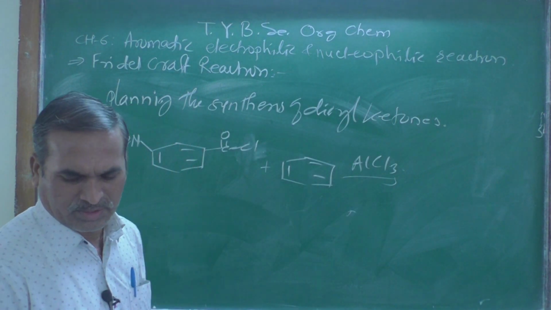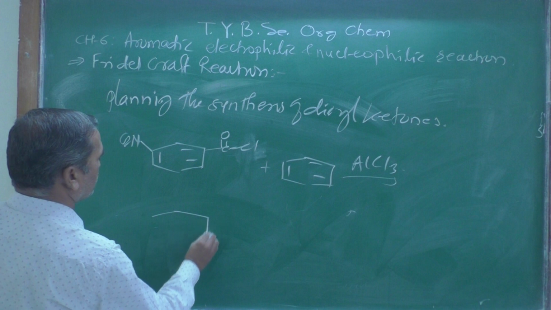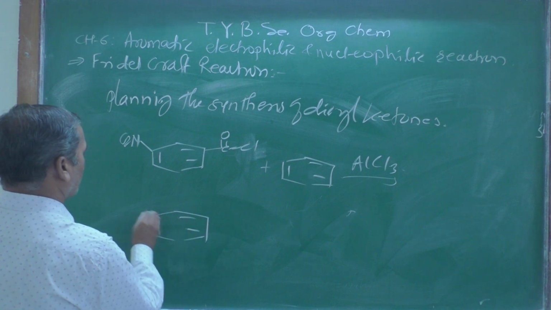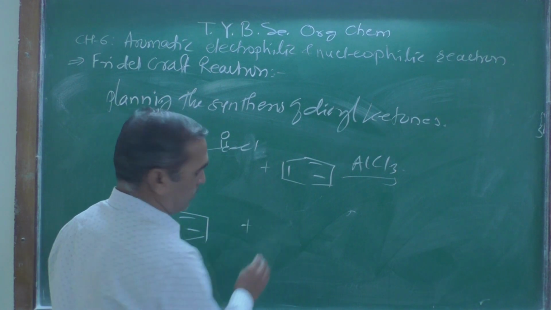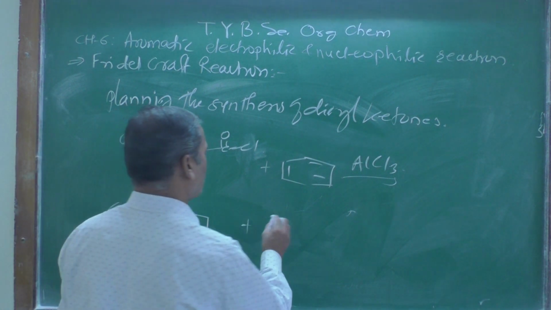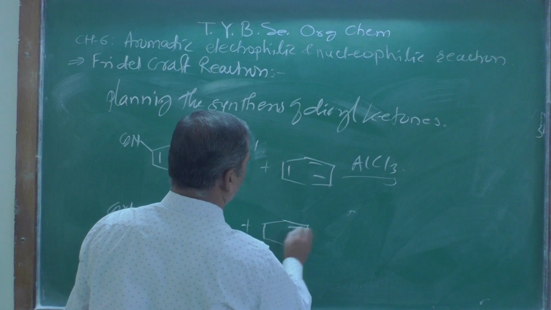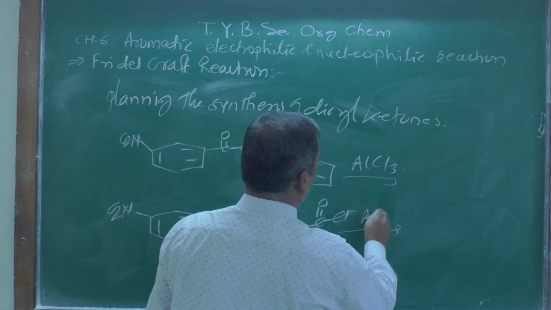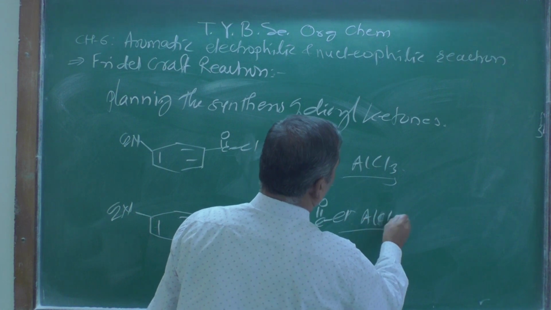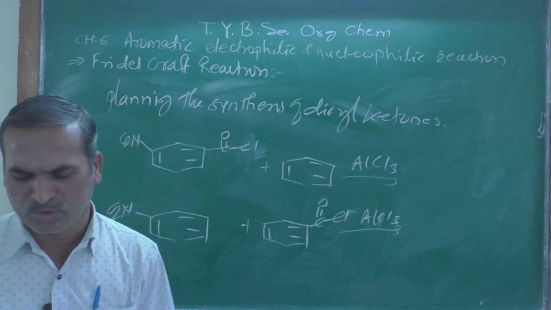And if you take this compound, O2N nitrobenzene, and treat it with this one, C double bond O Cl in the presence of AlCl3, what is going to happen over there?